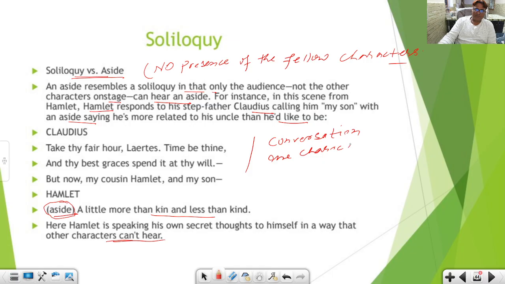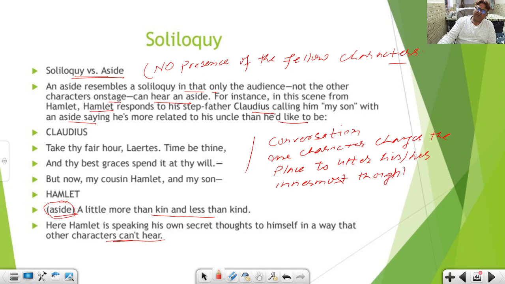One character actually changes the place to utter his or her innermost thoughts or feelings, right?